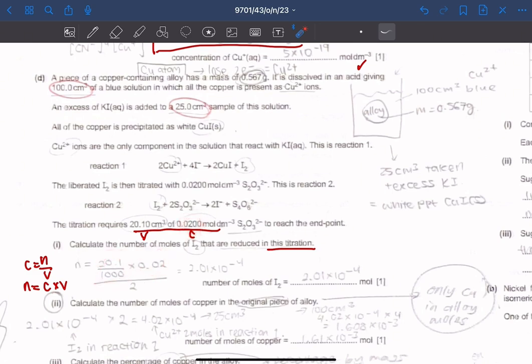Then we would get the number of moles of S₂O₃²⁻ here, and because it is in a 2:1 ratio, we would divide this S₂O₃²⁻ moles by 2 to form the moles of I₂. So I₂ has number of moles 2.01 times 10 power negative 4 when rounded off to 3 significant figures.